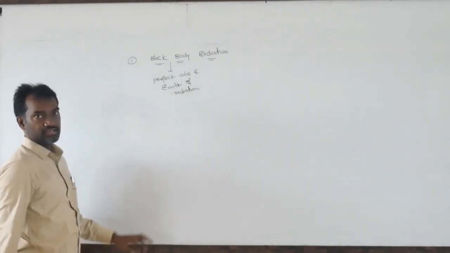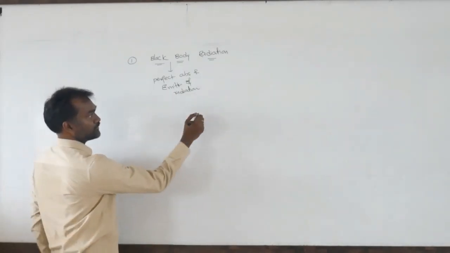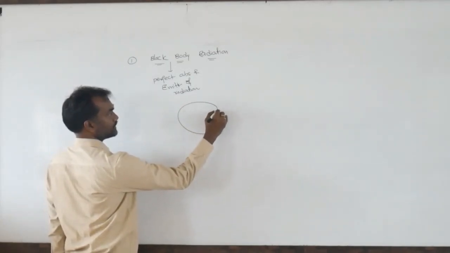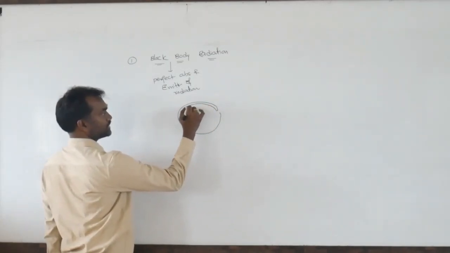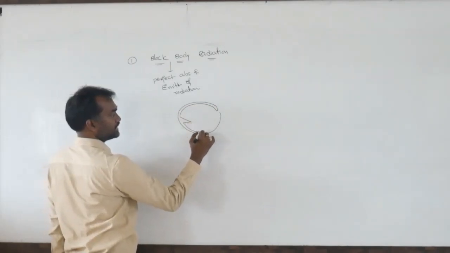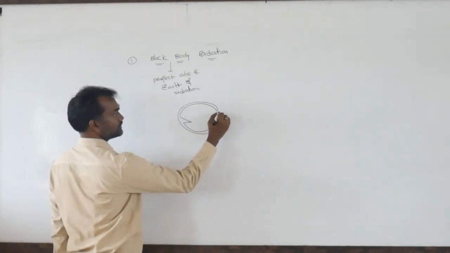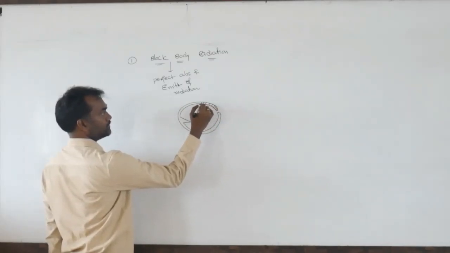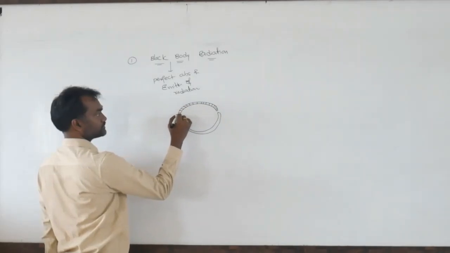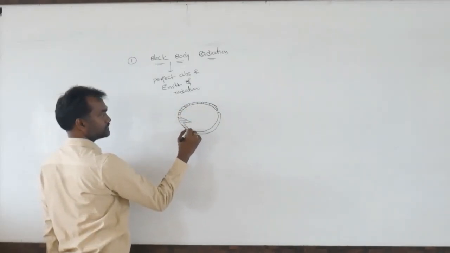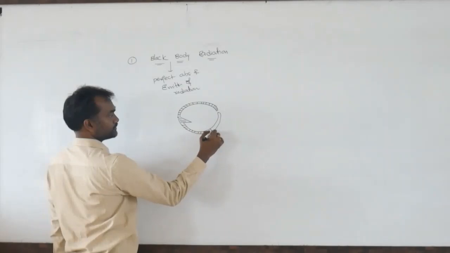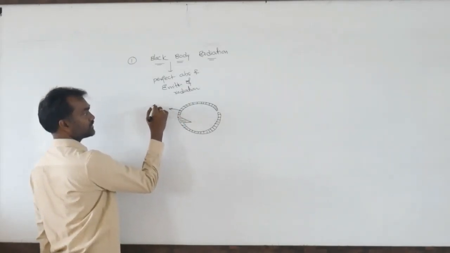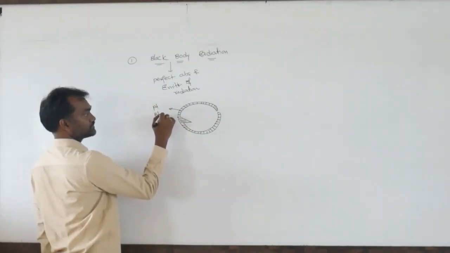So how did scientists create a black body? They took a hollow sphere, and inside it is coated with platinum black.